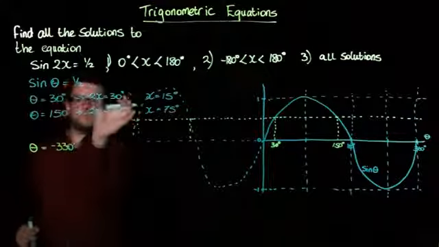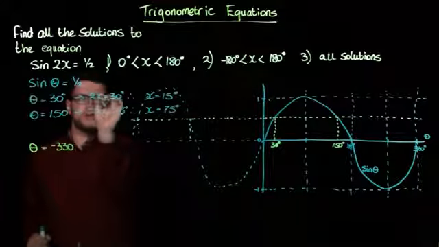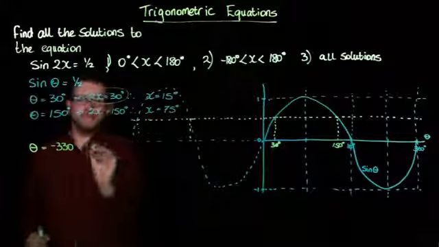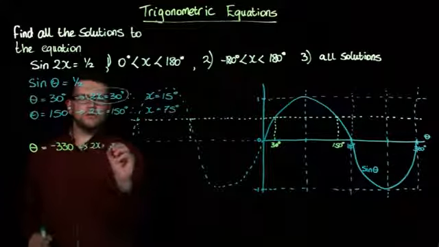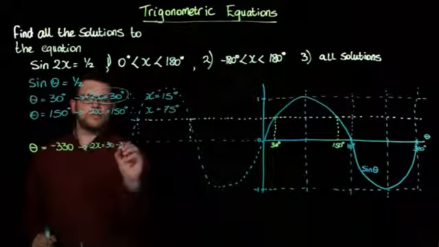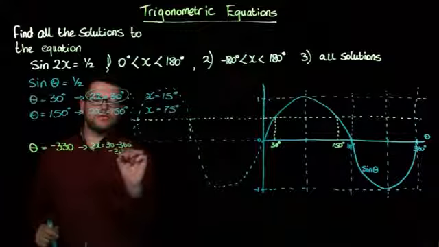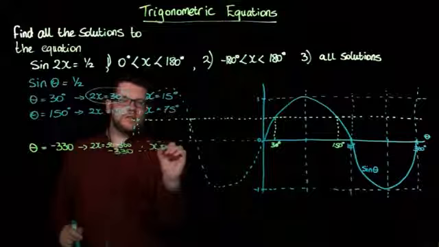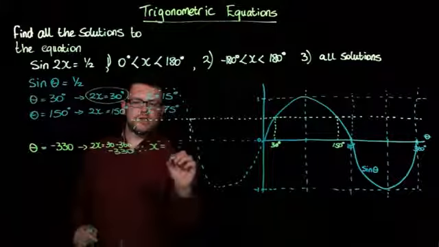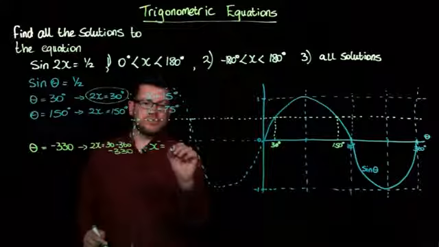So 2x is 30 degrees here, and we can say down here 2x is equal to 30 minus 360, same as this, minus 330. Therefore, my x is equal to half of this, so half of minus 330 is minus 165.